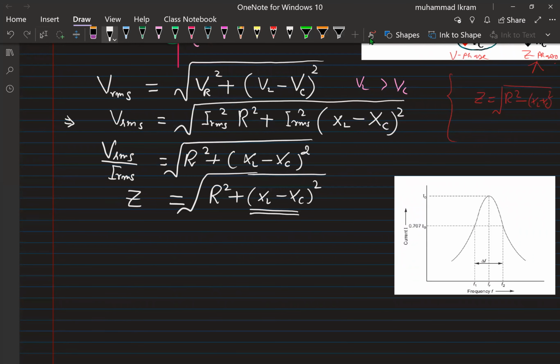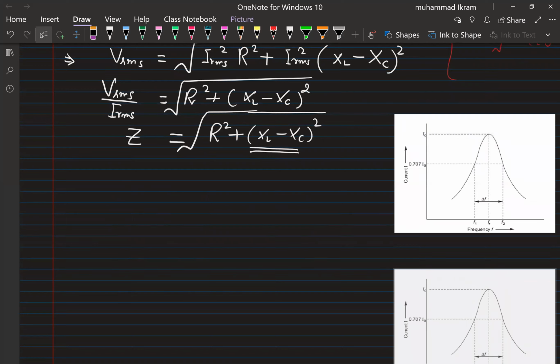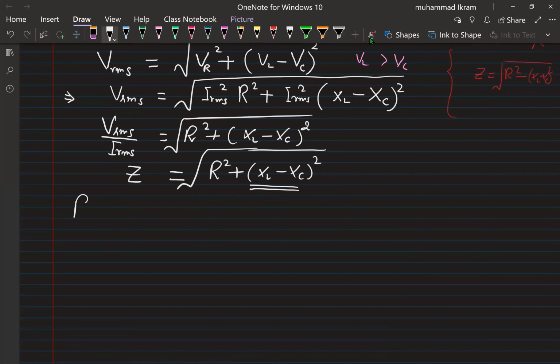This is the combined or total reactance in the circuit, and for the phase angle phi, it can be written as tan inverse, or tan phi will be equal to, I should do it like this.